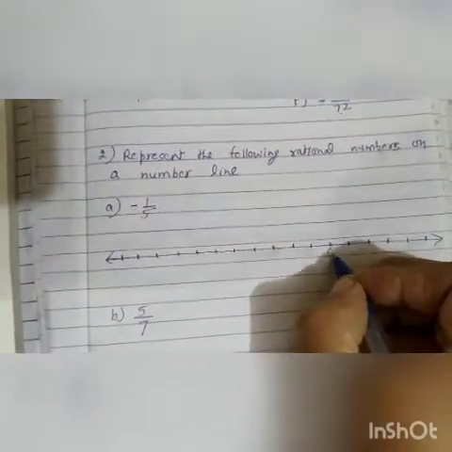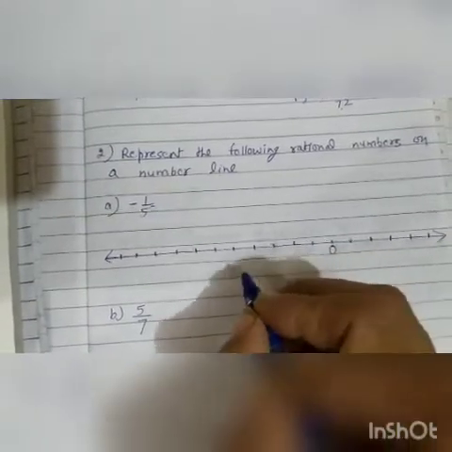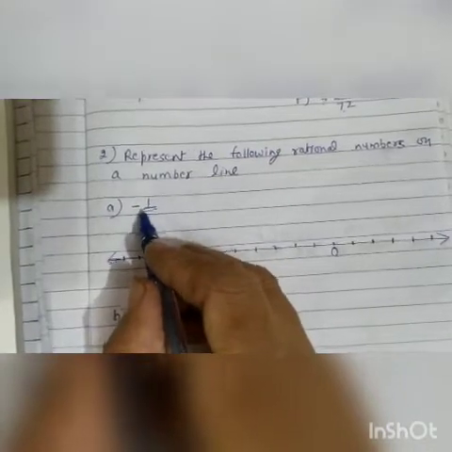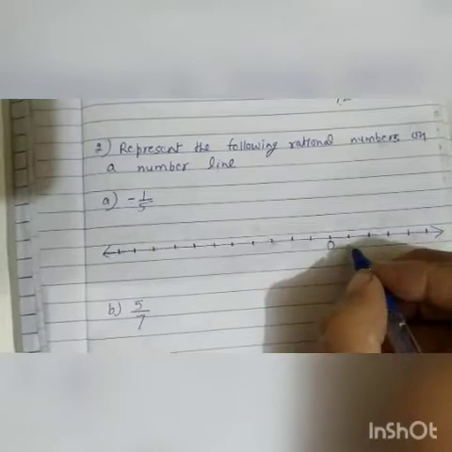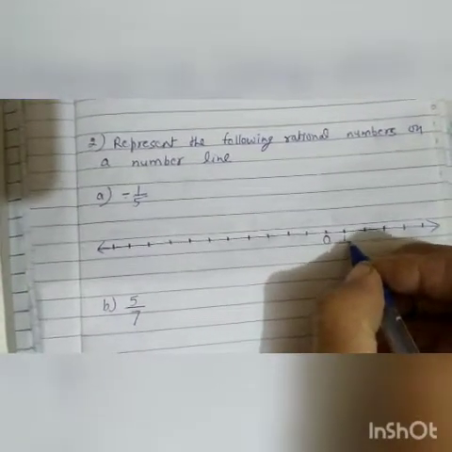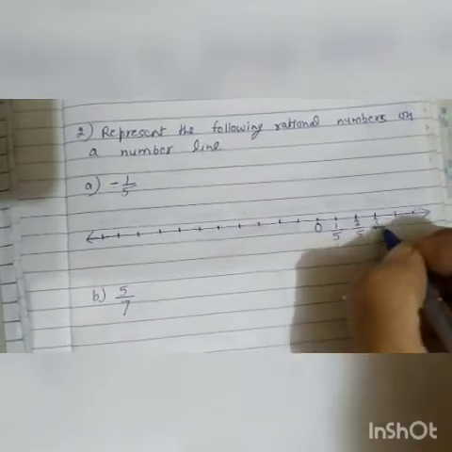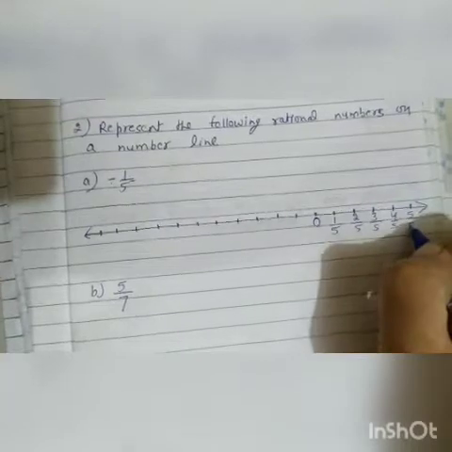Suppose I am taking 0 here, then start to write counting with the same denominator. On this side, positive rational numbers, we will write like this: 1 upon 5, 2 upon 5, 3 upon 5, 4 upon 5, 5 upon 5.